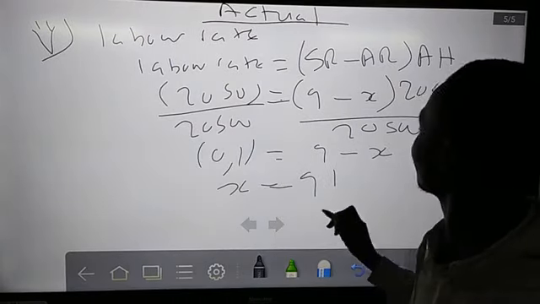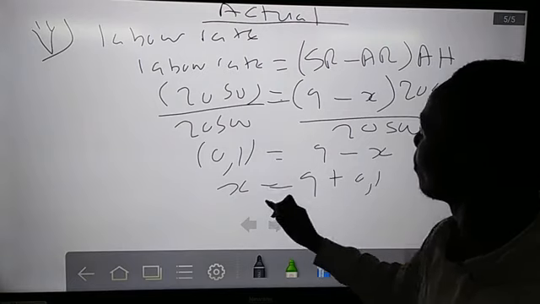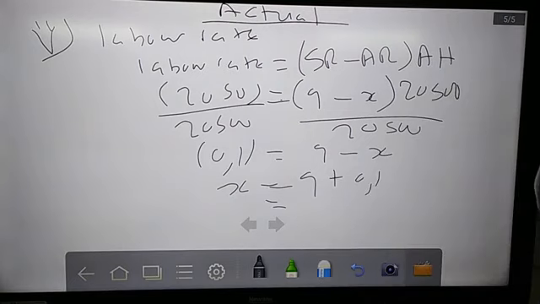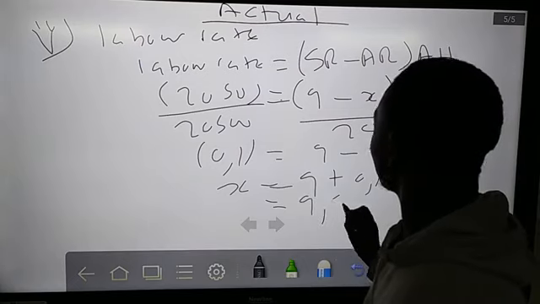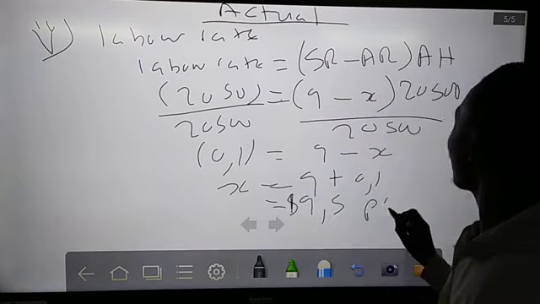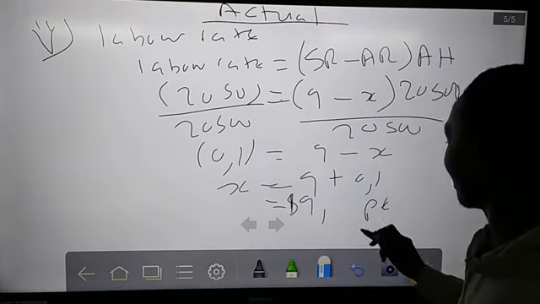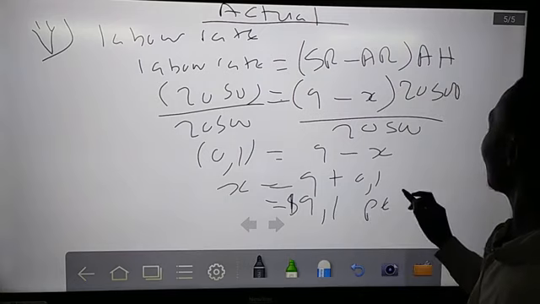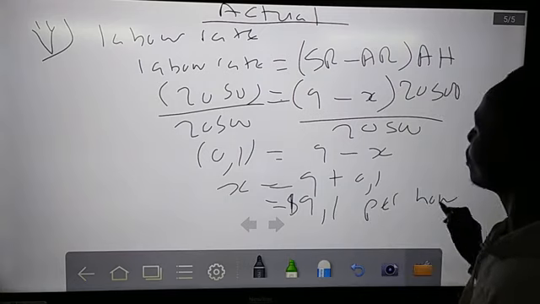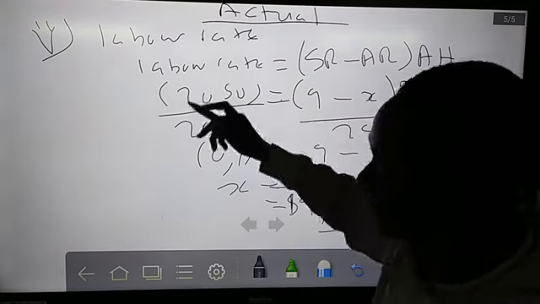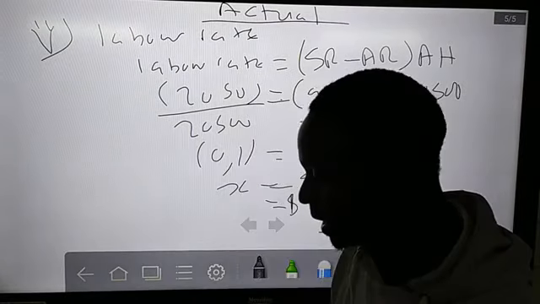Remember, this was negative, it becomes plus 0.1. Therefore, if you add 9 plus 0.1, it becomes 9.1 per hour. That's your labor rate.